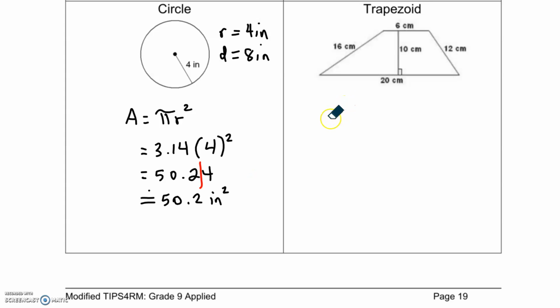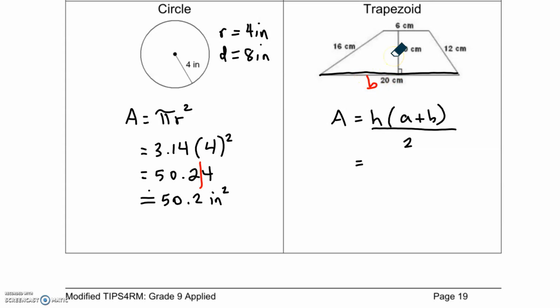A trapezoid has a formula that goes A equals the height times A plus B, all divided by 2. So just like in the triangle, we have height and base. So the base of the trapezoid is here, and I'm just going to write that in red, that this is the base.